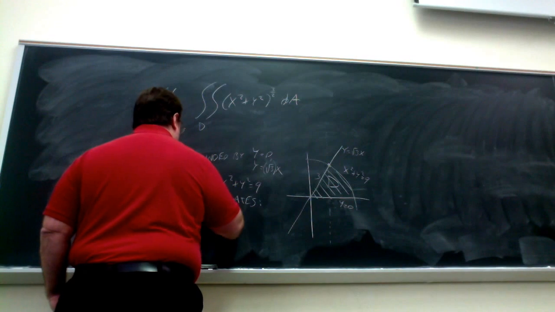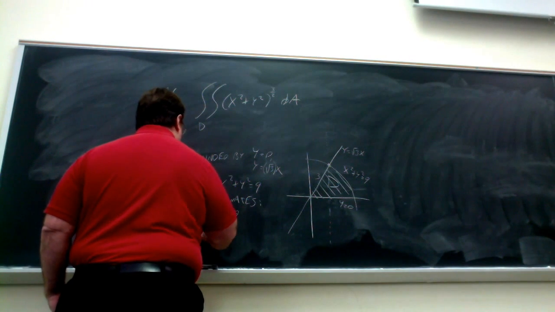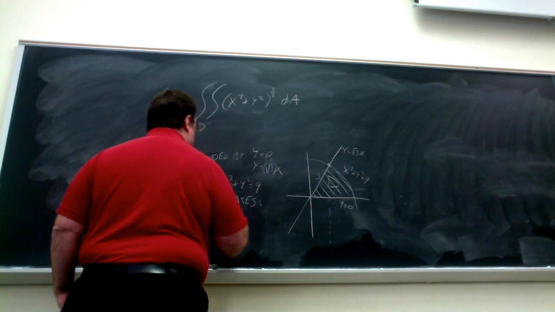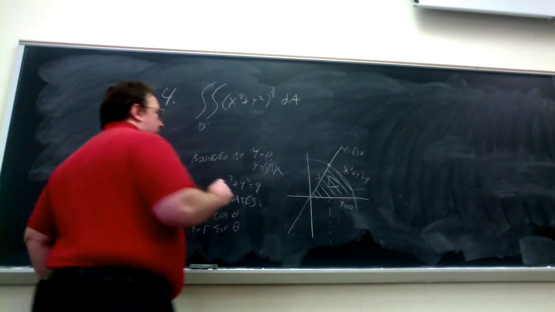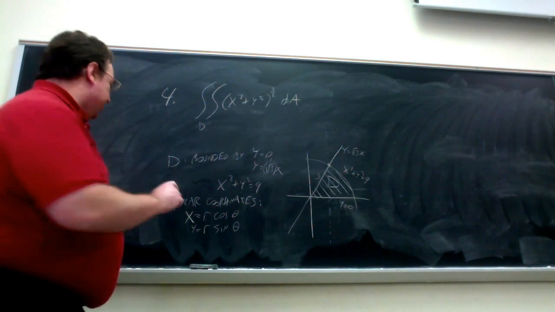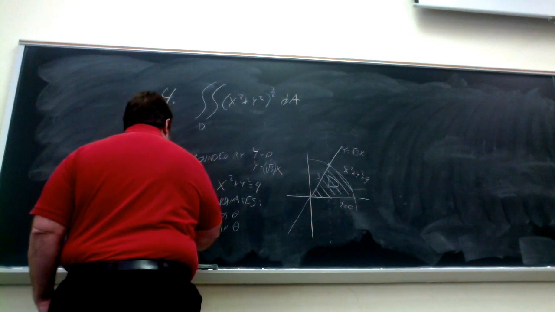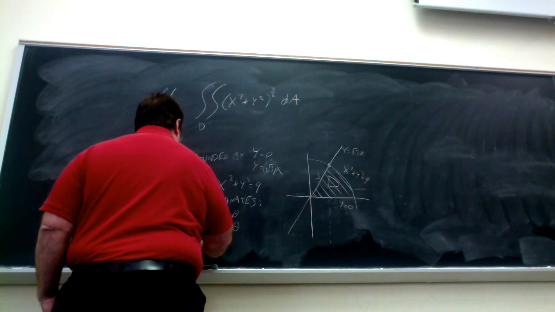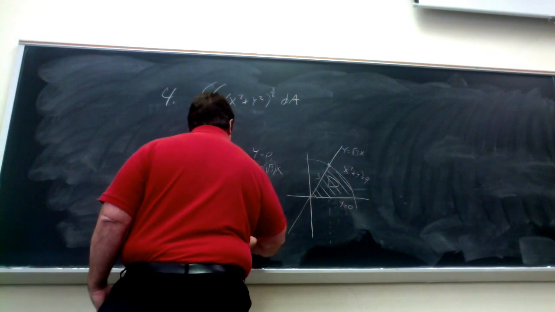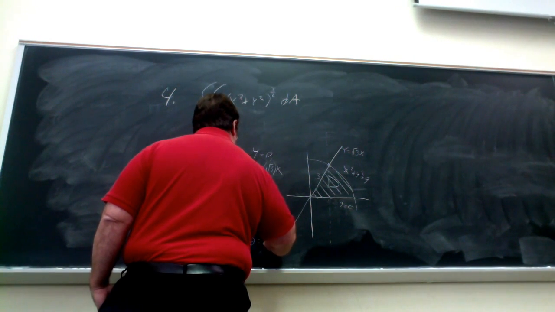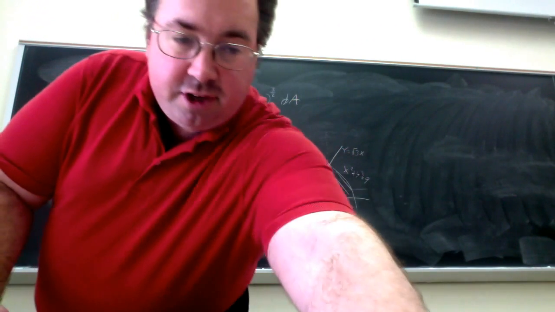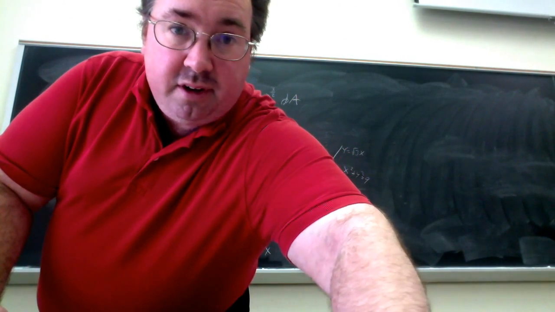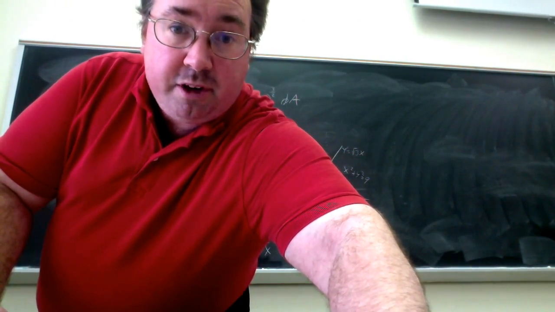So x is r cosine theta, y is r sine theta. And just as helpful in this problem especially is how you go the other way. r is the square root of x squared plus y squared, and tangent theta is equal to y over x. I want to check here on the formula sheet.